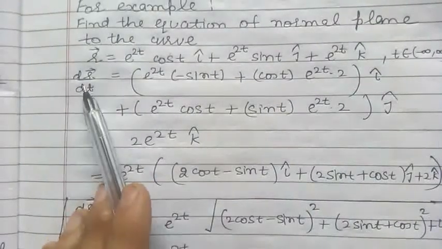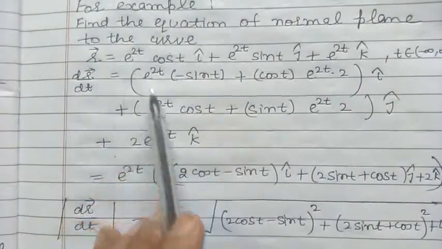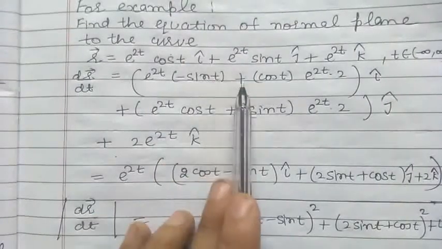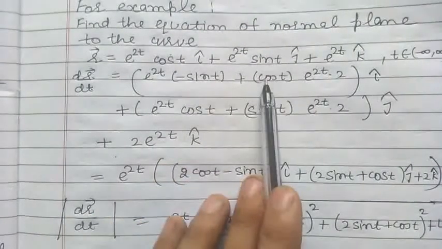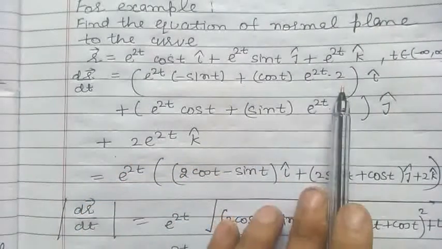Let us differentiate it using the product rule of differentiation. e raised to the power 2t as it is, the derivative of cos t is minus sin t, plus cos t as it is, the derivative of e raised to the power 2t, that is e raised to the power 2t into 2.